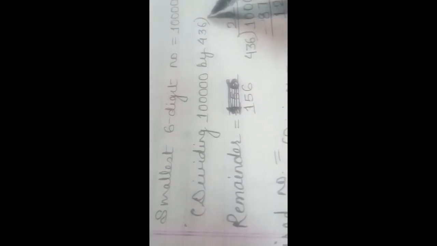The exact number we don't know, so first of all we will find out the smallest 6-digit number. That will be 1 lakh. So we will try to divide this 1 lakh by 436.